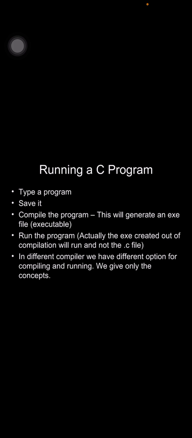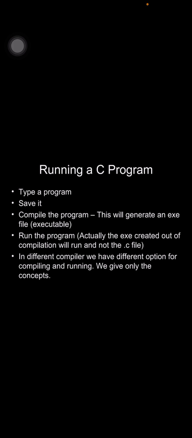Whenever you write code in C, you have to save it with the .c extension, and for compilation you can use Alt plus F9 in case of Turbo C compiler, and then it will produce a new file with .obj extension, that is the machine code file, because we are writing code in high level language and computer can directly understand only machine language.